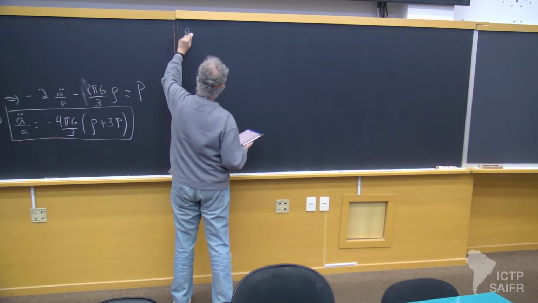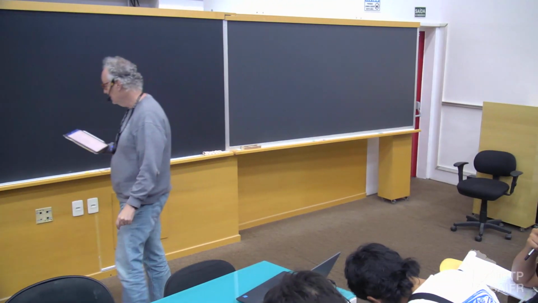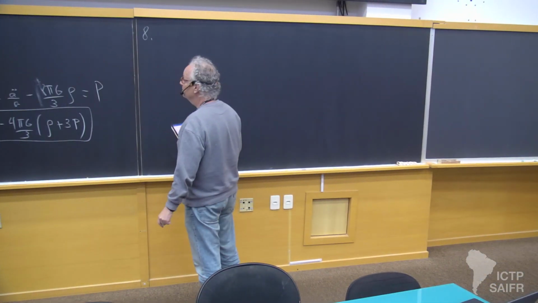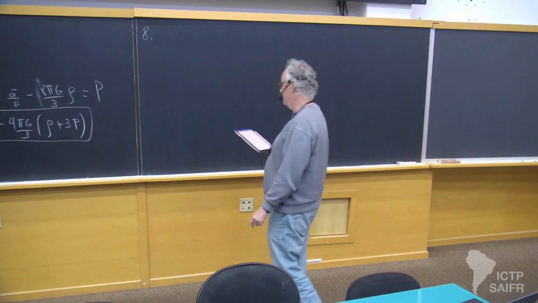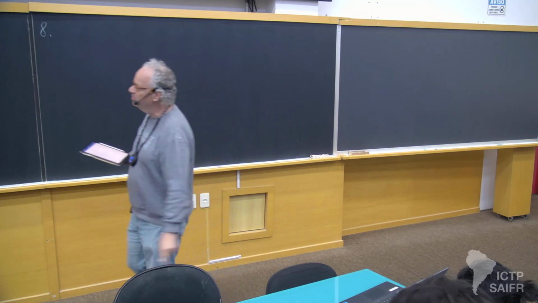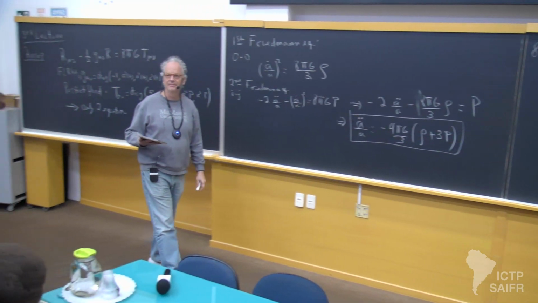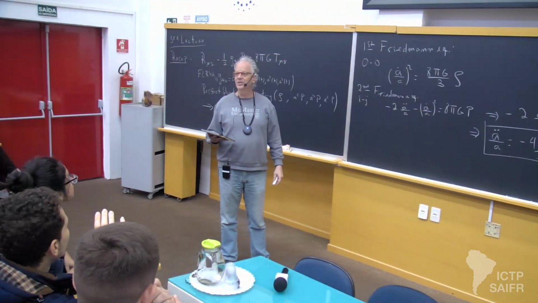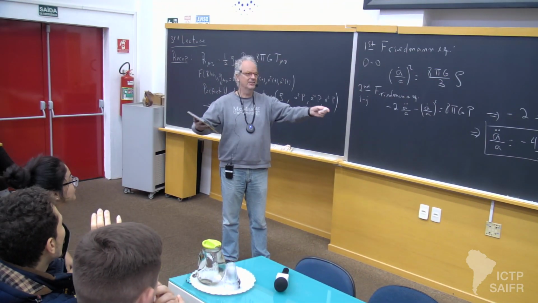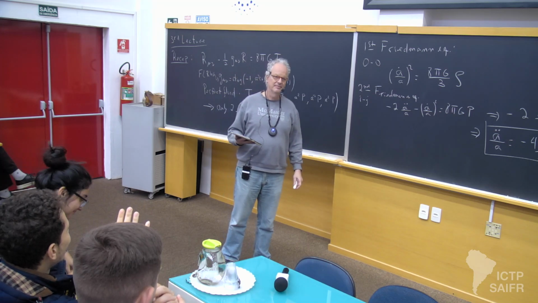So this is section 8 of the lecture. I want to use these equations to study how the density of the fluids, how rho evolves with the scale factor. So how you have a fluid, and how does the density change with the scale factor.